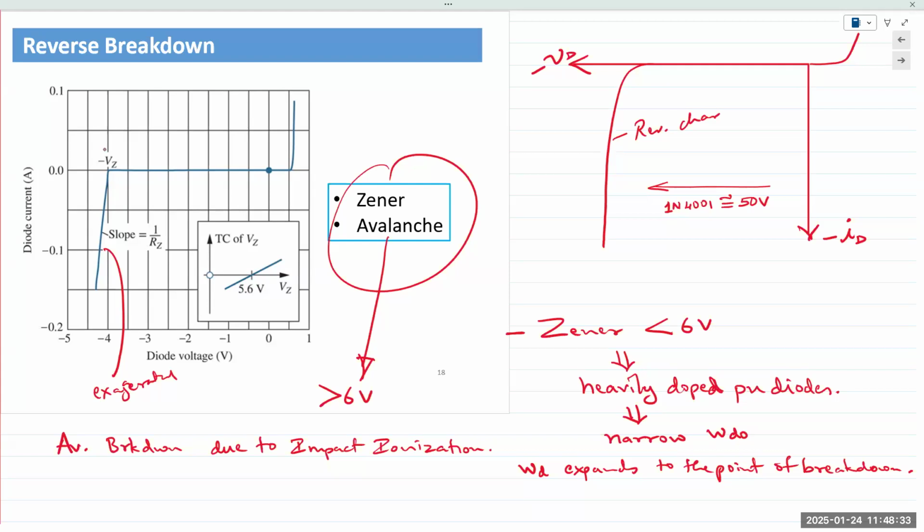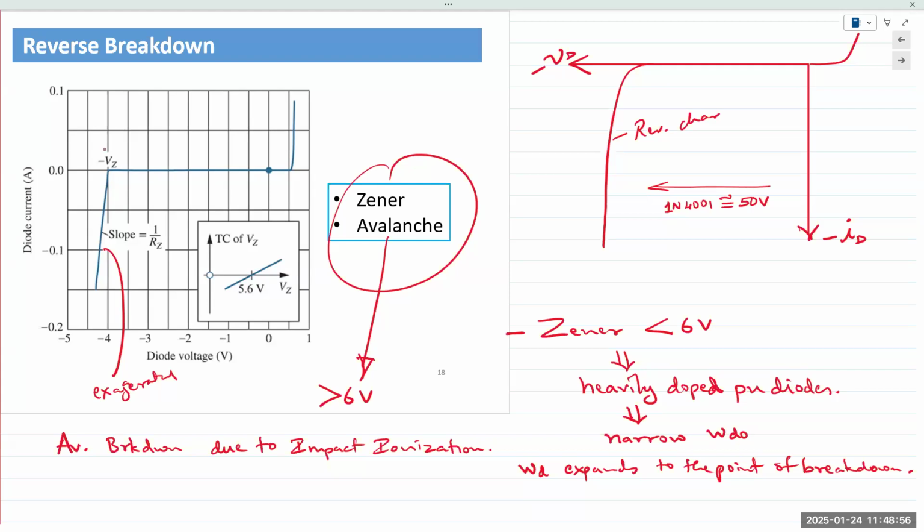One more point about this is that technically the Zener effect takes place only in heavily doped PN junctions and at less than 6 volts. Our book says about 5.6, but I generally say 6 volts. And then avalanche breakdown takes over, or has a larger effect, at greater than 6 volts.